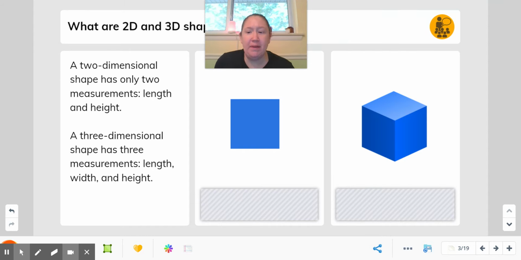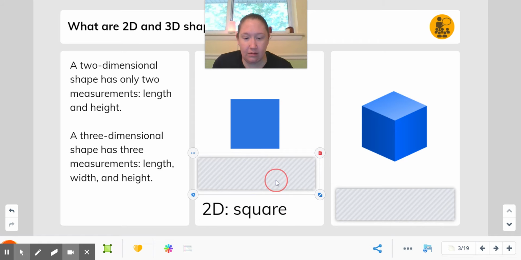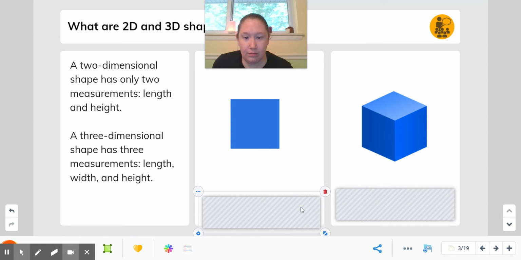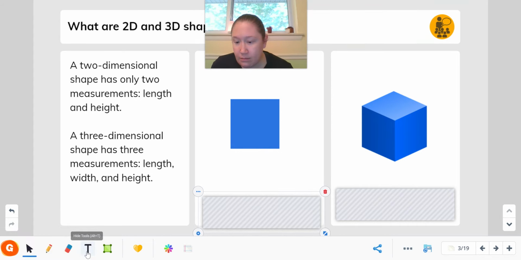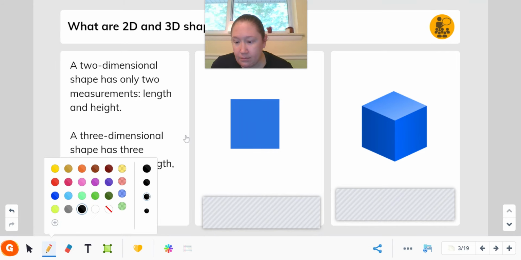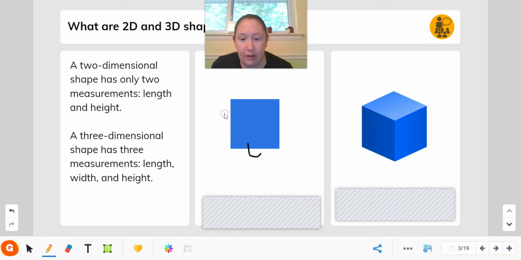A two-dimensional shape has only two measurements, length and height. A three-dimensional shape has three measurements, length, width, and height.